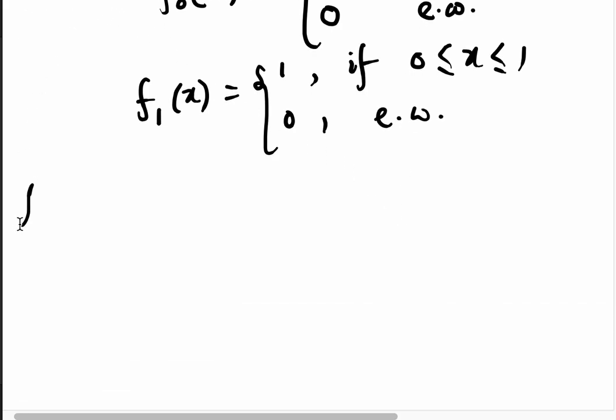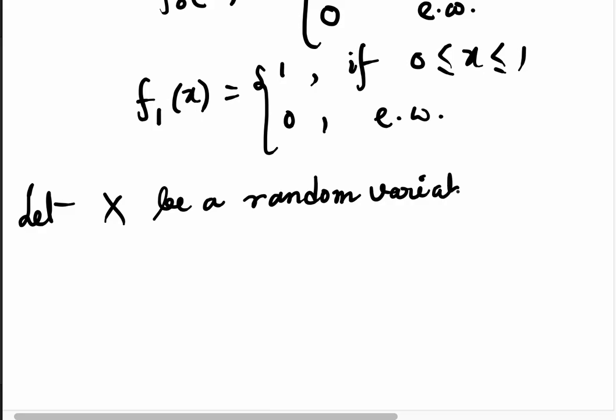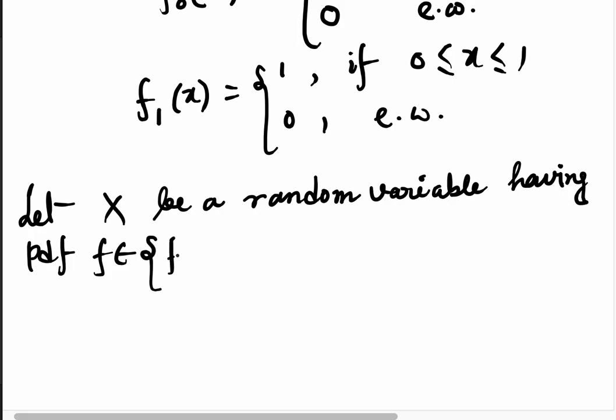Now let X be a random variable having PDF f belonging to {f0, f1}.